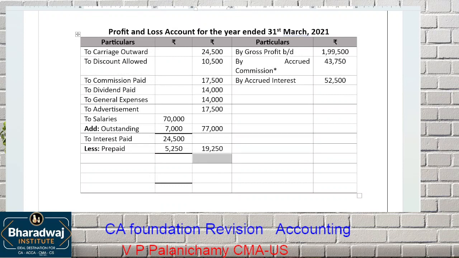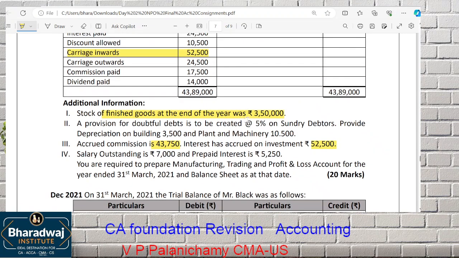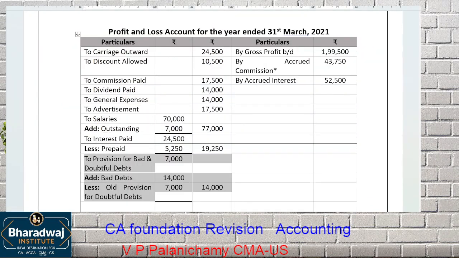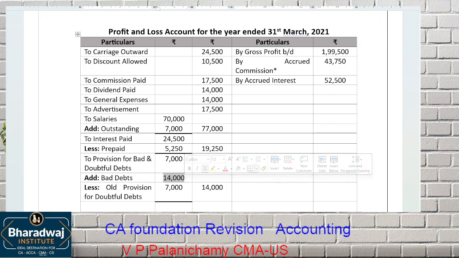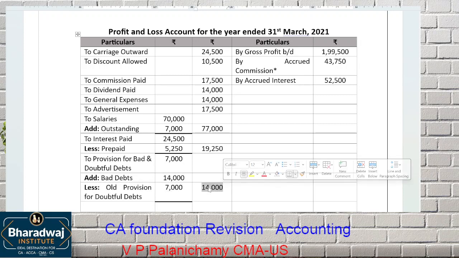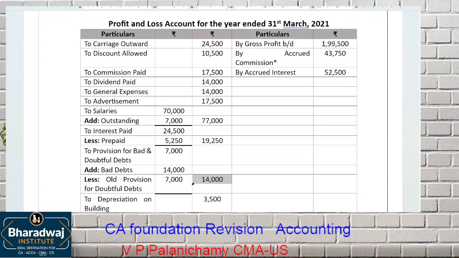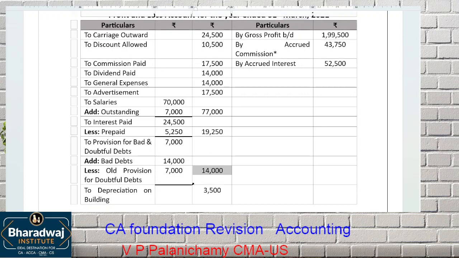Bad debts you can work out. What is the provision required for bad debts given in the question? They have given 5% on debtors. So debtors into 5% provision for bad debts. Add bad debts given in the trial balance minus old provision 7,000. Net amount 14,000 will come. Depreciation on building will come in the P&L account.